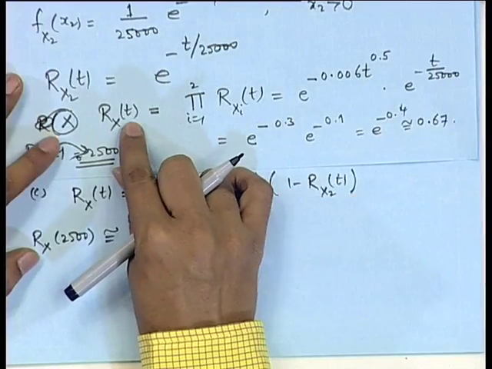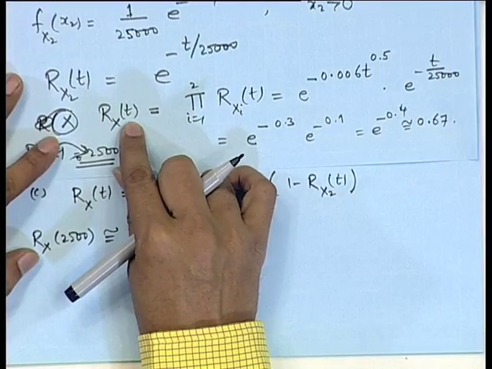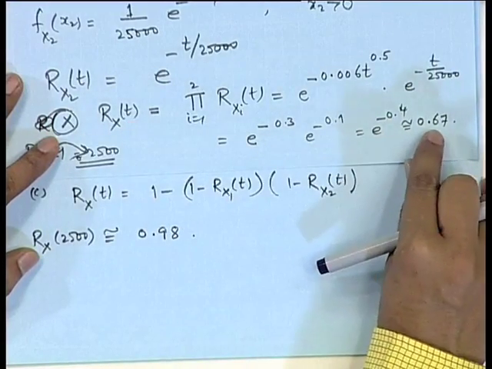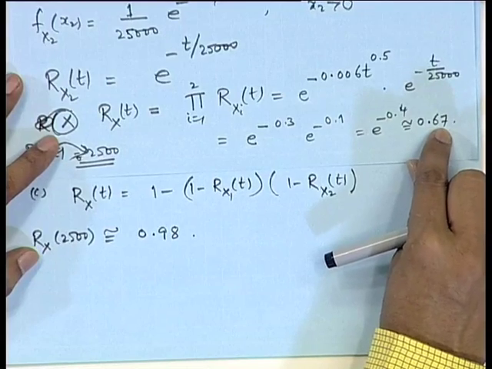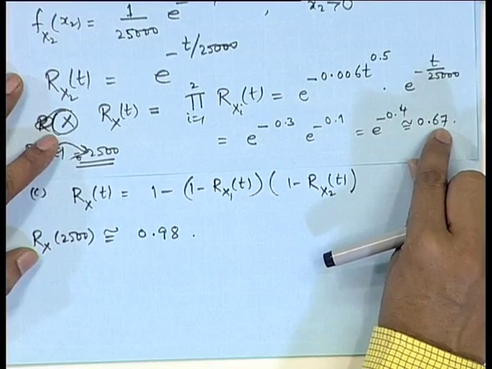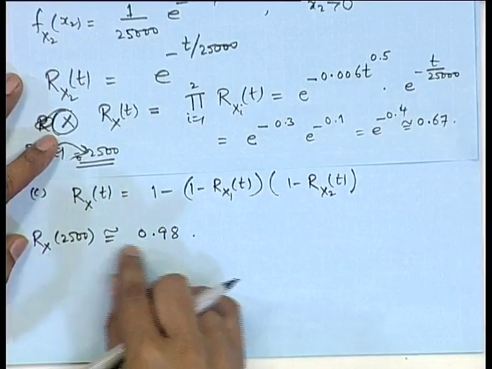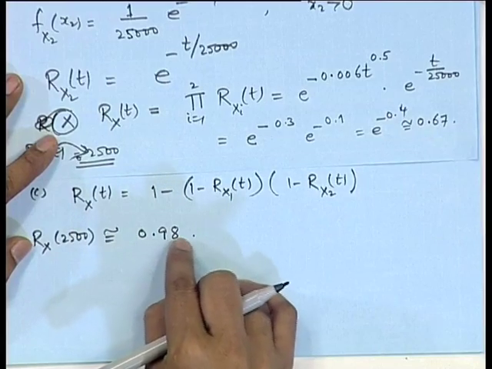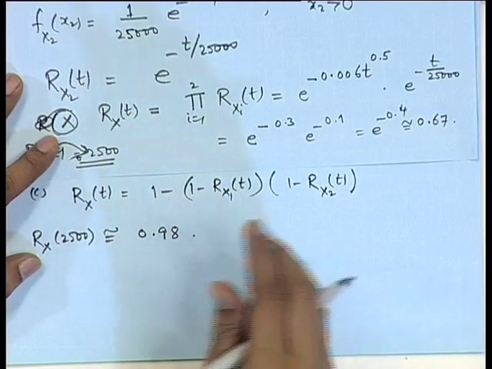Compare the values which we calculated in the two parts. If the components are connected in series, the system reliability is only 0.67 at time 2500 hours, whereas if they are connected in parallel, the system reliability is pretty high, that is 0.98. This is the difference, because if we insist that each of the components should work, then the probability becomes smaller.